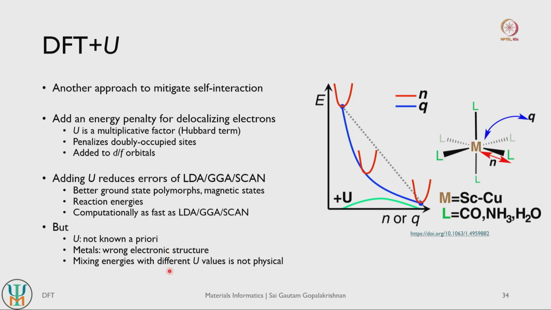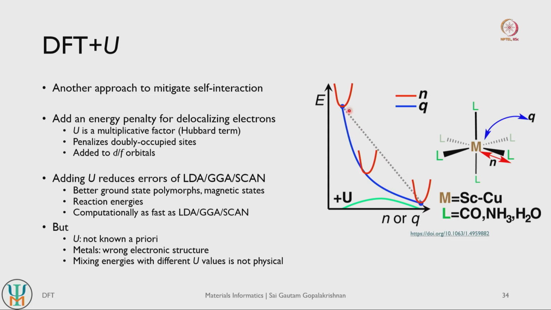So there are some drawbacks with adding in a U value, but it is a computationally easy approximation to include. So just to visualize, right, how this U value corrects for this derivative discontinuity. Let us say you have a semi-local functional that has an error with respect to the actual straight line here, the actual linear or piecewise interpolation.